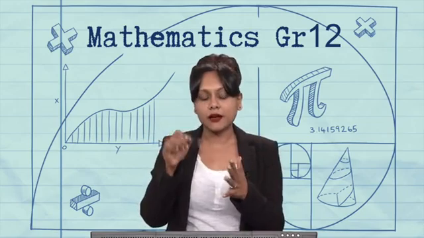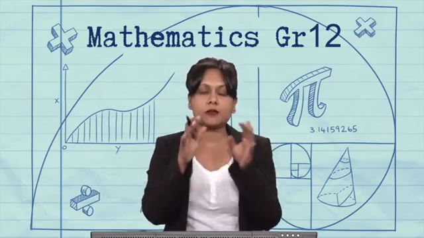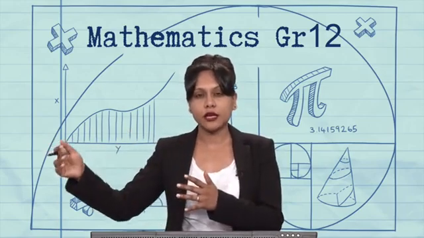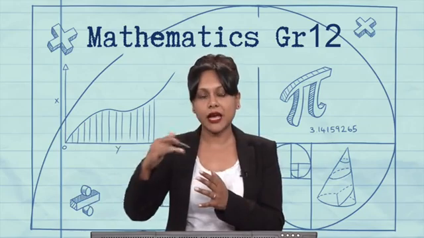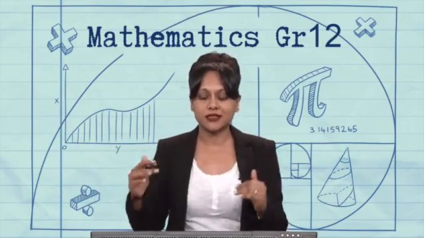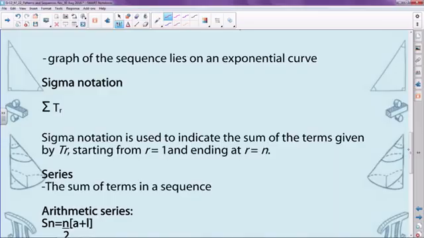So if we're talking about a geometric series, you'll have A plus AR plus AR squared, and so on. In a series, you are adding those terms together. A sequence is just an ordered list of numbers. If we had to graph the geometric sequence, we will see that all the points will lie on an exponential curve.